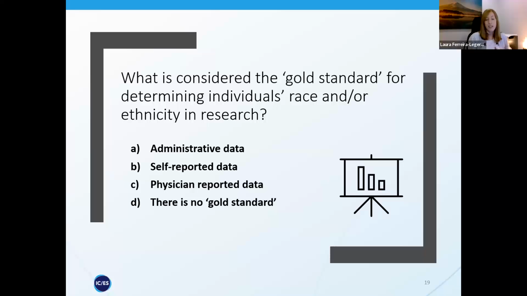Oh, great. Yeah, so it looks like the majority said self-reported data. A couple people said administrative data, and a few people said there's no gold standard. So there's definitely nuances here. Self-reported data is the gold standard. However, there's definitely nuances to that.